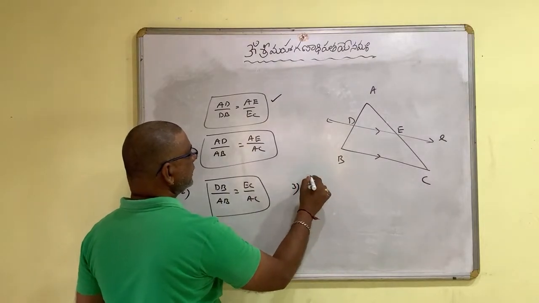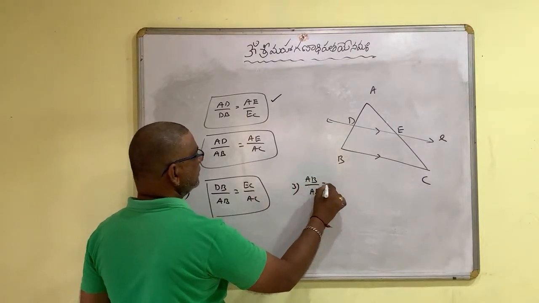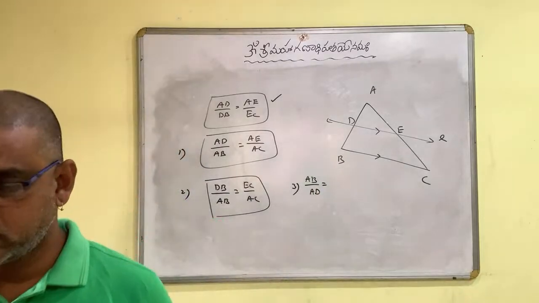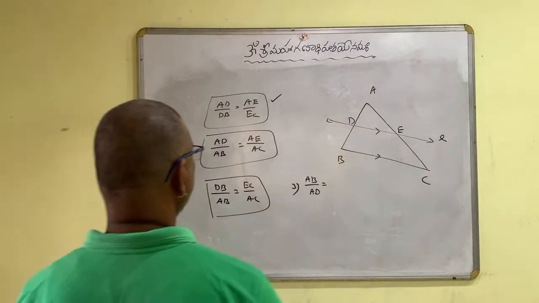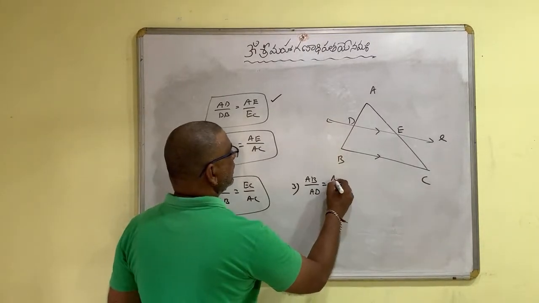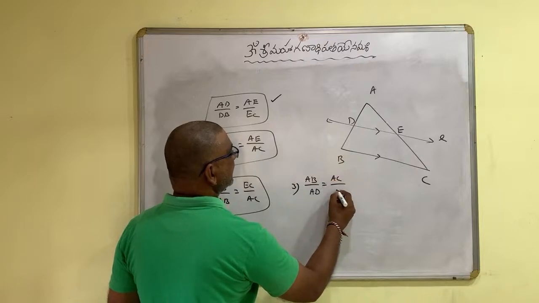AB total by first part equals AC by first part of that.